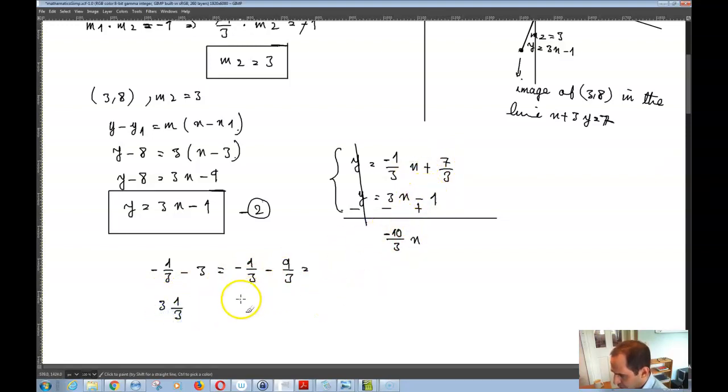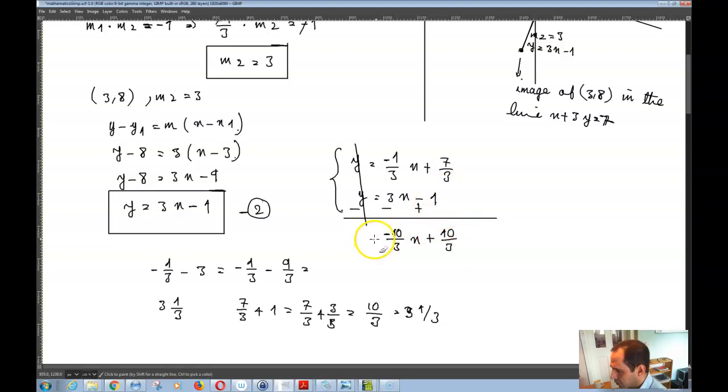So 7/3 plus 1 is equal to 7/3 plus 3/3, which is equal to 10/3, which is 3 and 1/3. So that is plus 10/3.